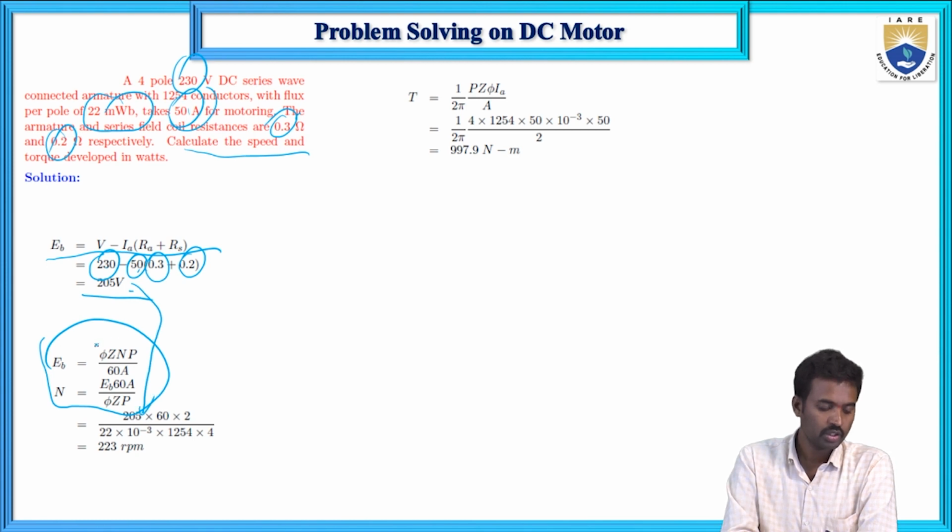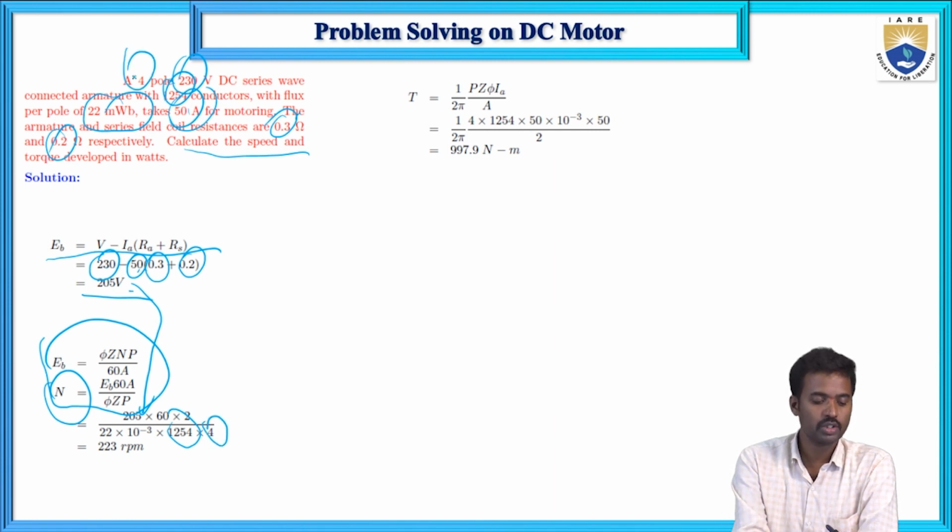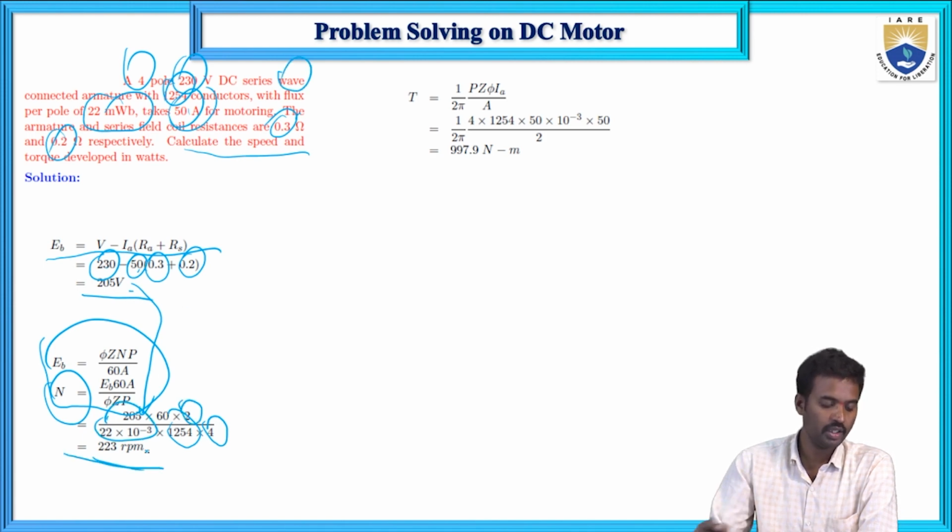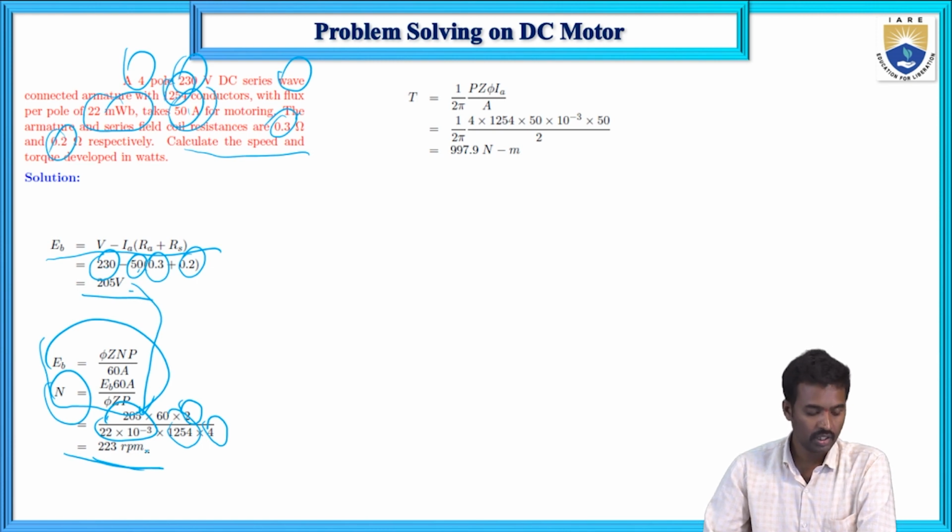So from the Eb you calculate the N value. Here 1254 are the conductors and 4 are the number of poles, and it is wave connected, so A is 2, and this is the flux. So now the speed is 223 rpm.